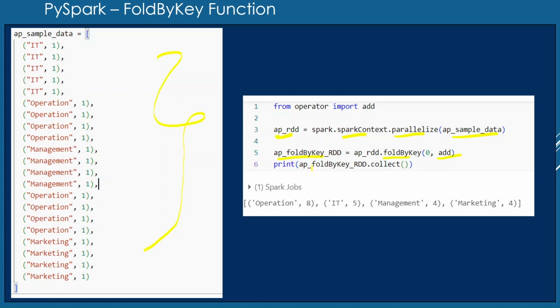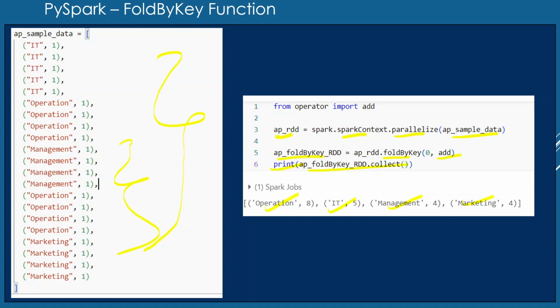Once you print the RDD with the help of the collect function and a print statement, collect converts the RDD into an array type, and the print function prints that array. So we can see operation, IT, management, and marketing each have an added value. You can figure out from this data that each key has value 1, and if you do some aggregation, this kind of result you will get.